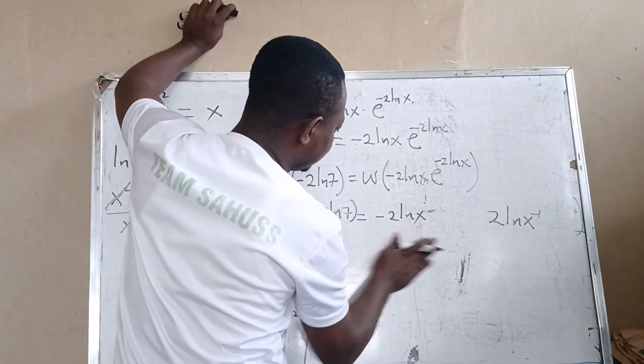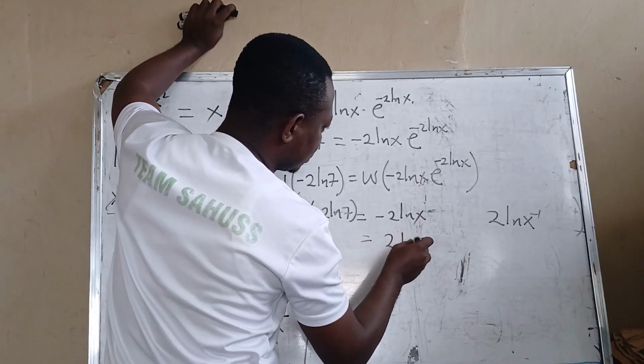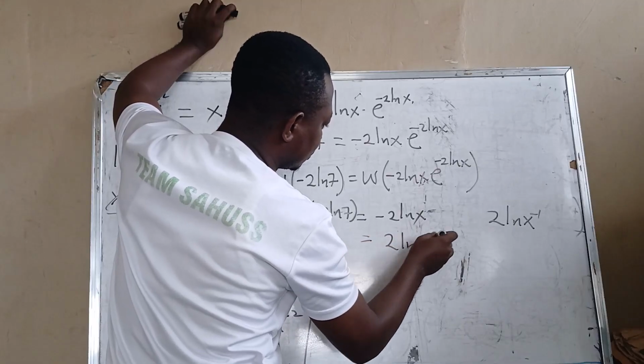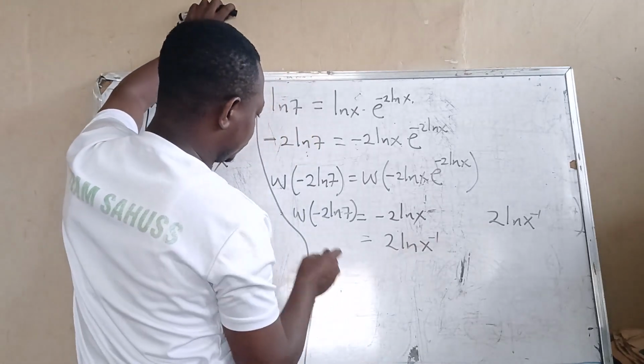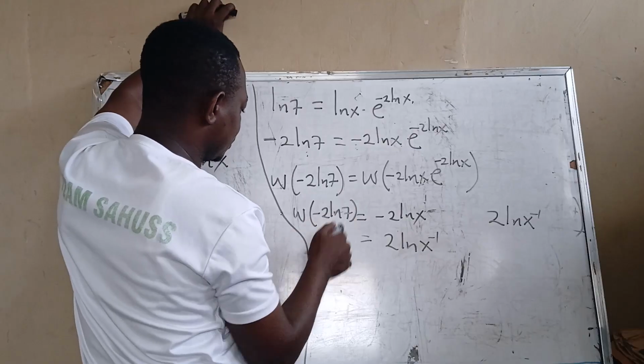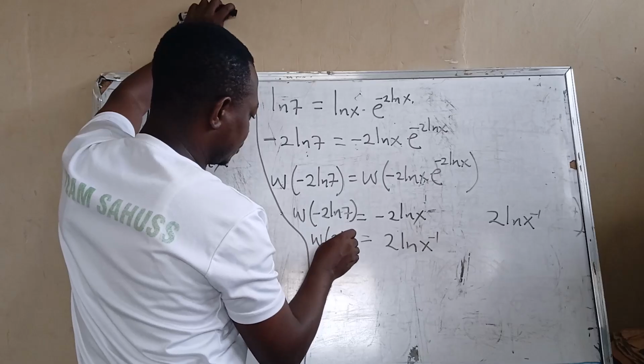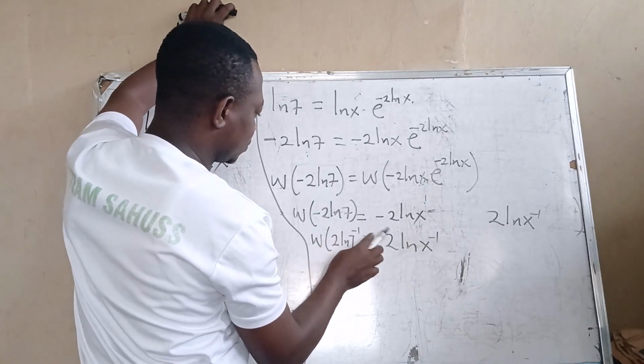So my next step will be 2 ln of x to the power minus 1. Okay, and this one too, we can manipulate that. So that will be the W function of 2 ln of 7 to the power minus 1.